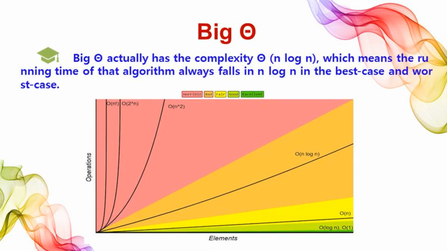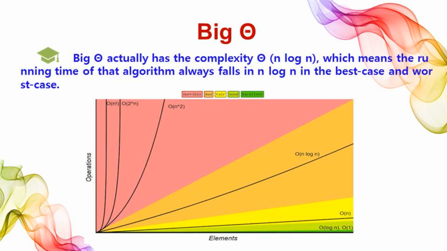Big theta. Here, an algorithm has a complexity where both the lower bound and the upper bound are equal. This type of complexity we say is the average case of an algorithm, that is, the lower bound equals the upper bound.